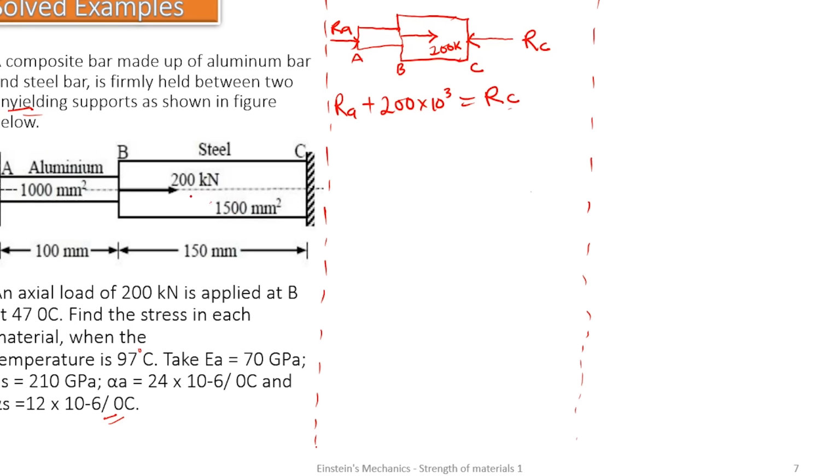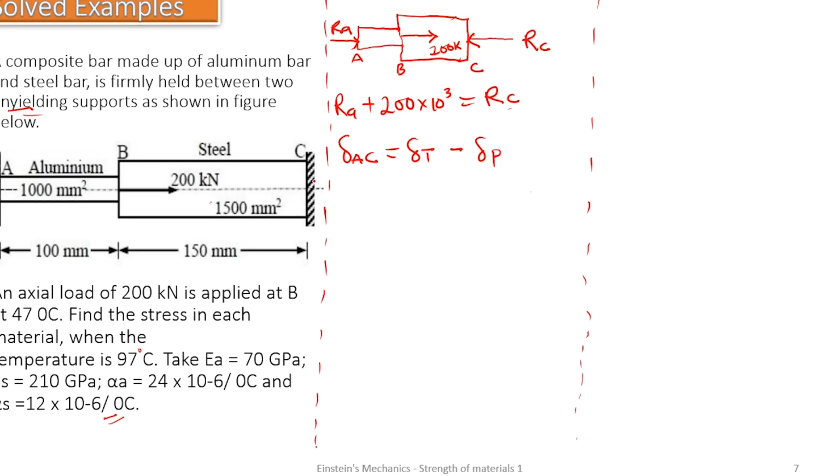So the two of them are going to work. And what we are going to say from our main focus is that the entire strain or the entire deflection from A to C, the entire deflection, pay attention, the entire deflection from A to C is equal to the deflection produced by the temperature minus the deflection produced by the force.